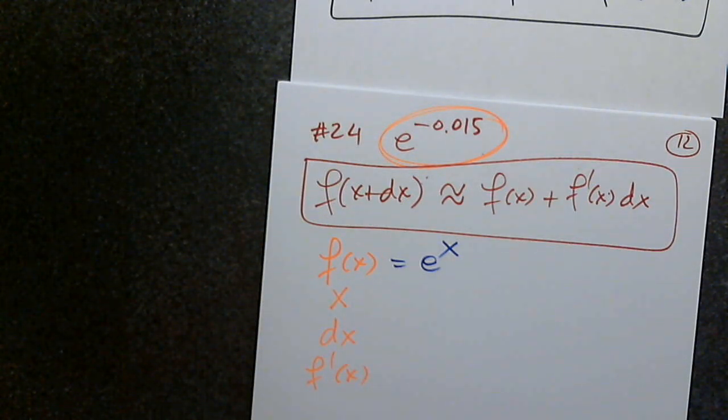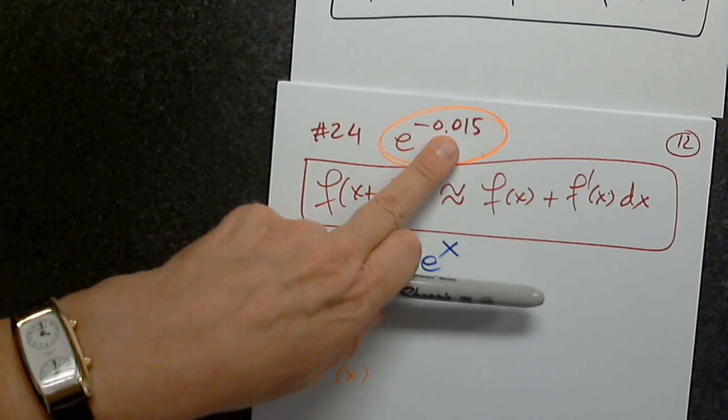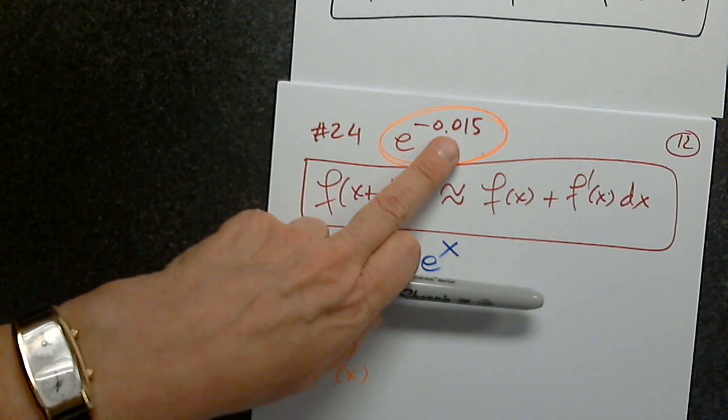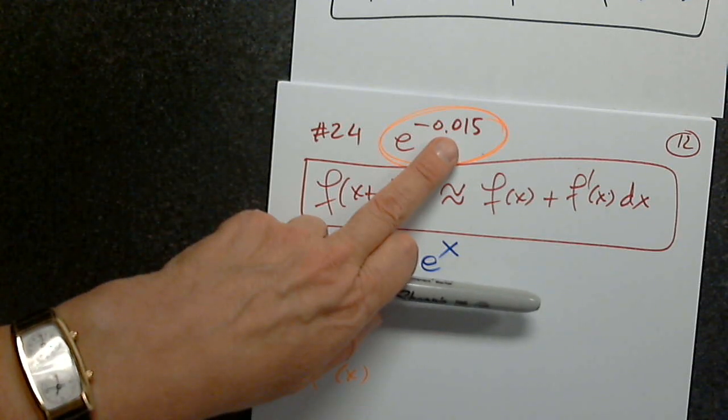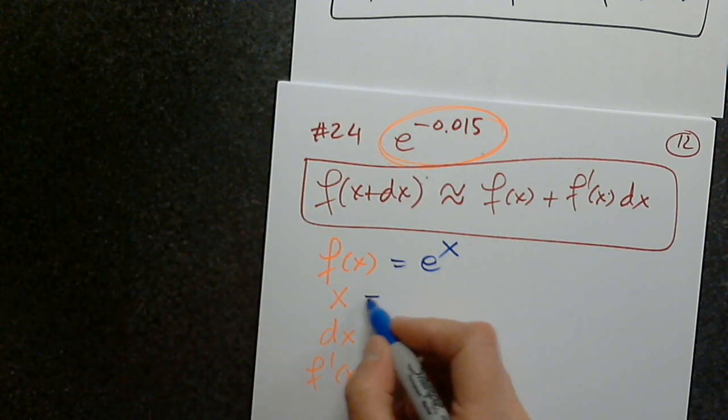Careful. Careful with x. Say it again. Negative 0.015. Zero. Exactly. The closest number to this that is a decent number. You can't go to 1 or negative 1. It's too far. So you will have to say x is 0.